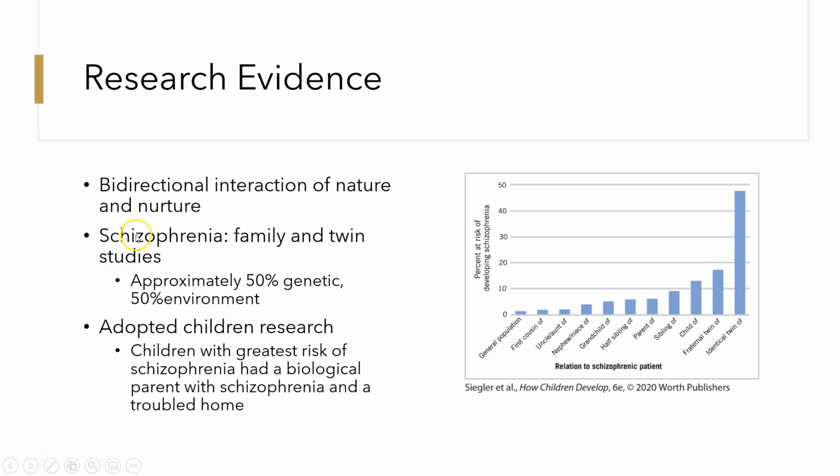One example of this is schizophrenia. Why do some individuals develop schizophrenia? And we have research from family studies and twin studies that show that approximately 50% of whether or not somebody develops schizophrenia is genetic, that you are born with a genetic predisposition, perhaps, for schizophrenia.